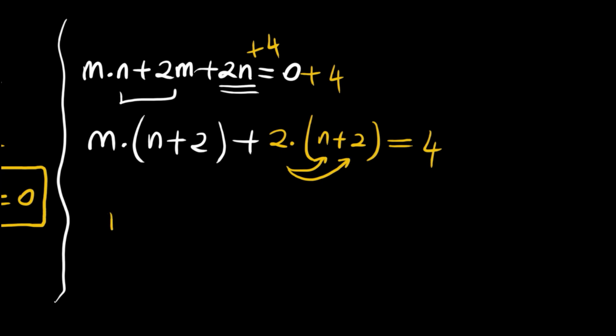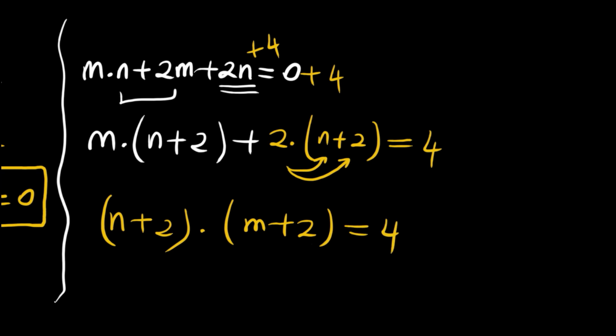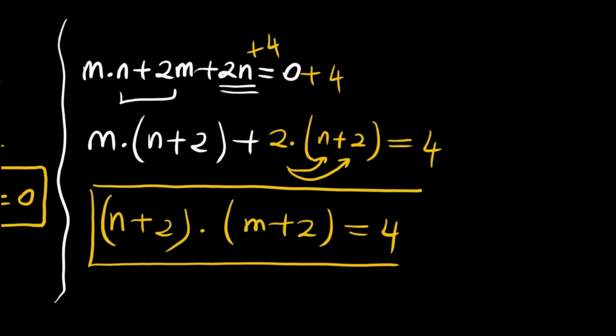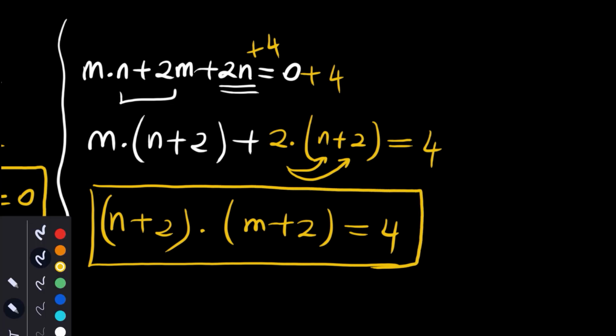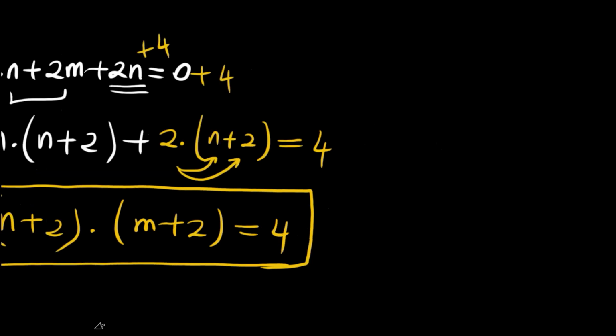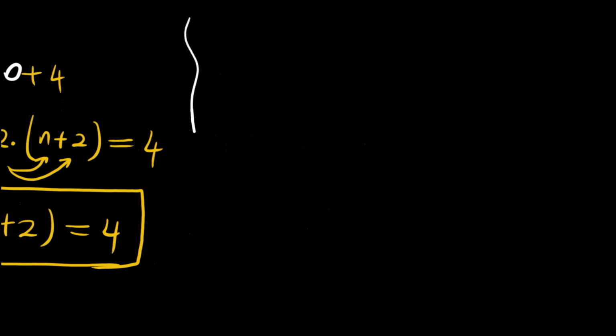Now again, factoring this n plus 2, we will have n plus 2 times m plus 2 is equal to 4. And this is, as I said, very good, since we are interested in the integer solutions. Now, let me think about the possibilities.